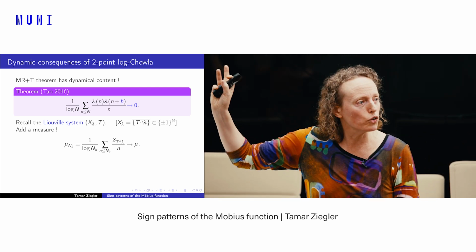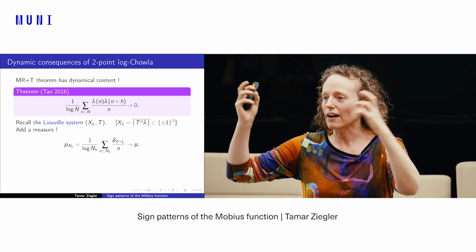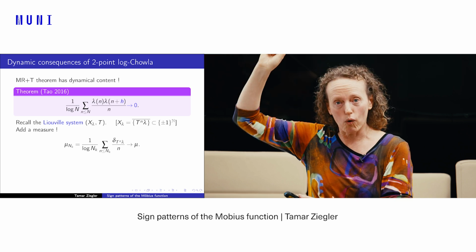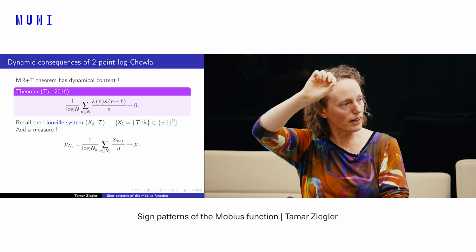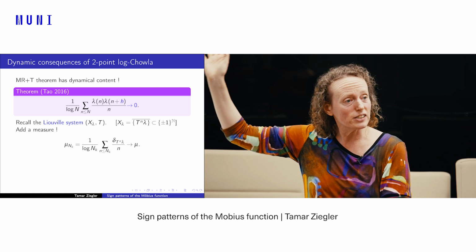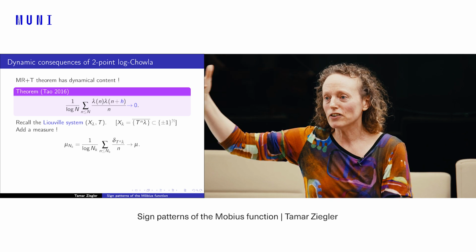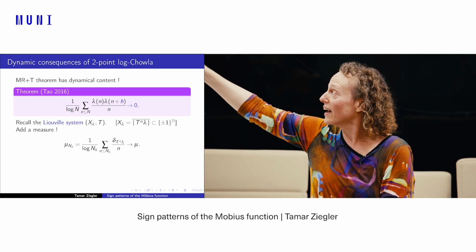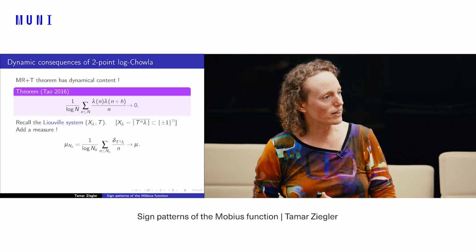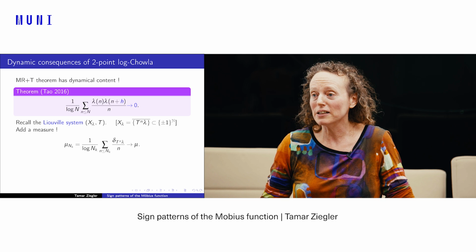In the same way that we did for this joining idea, you look at the delta measures at the points of the orbit along the orbit, but instead of looking at regular Cesaro average, I logarithmically average. That's all. The standard way would be 1 over n without the extra 1 over n there, but instead I take logarithmic averaging of the same object. This is also a sequence of probability measures.